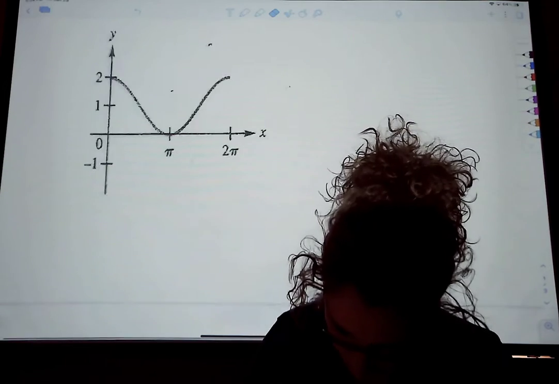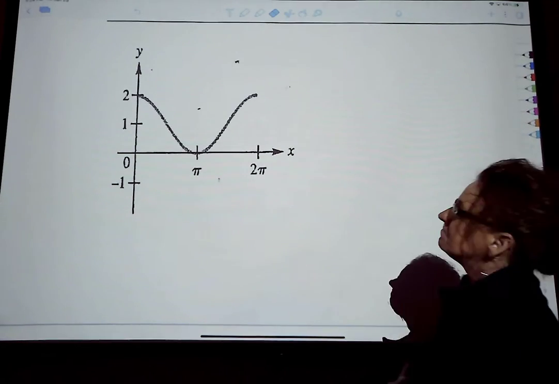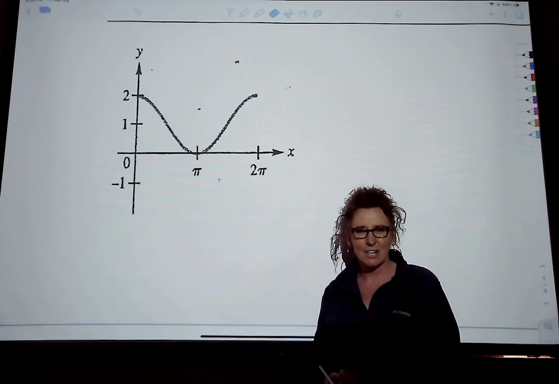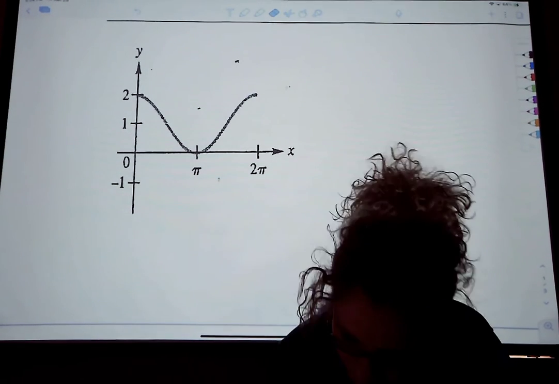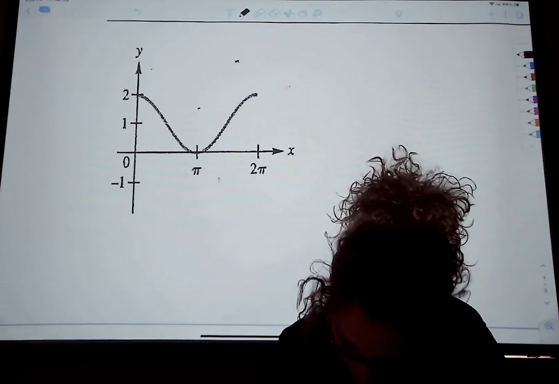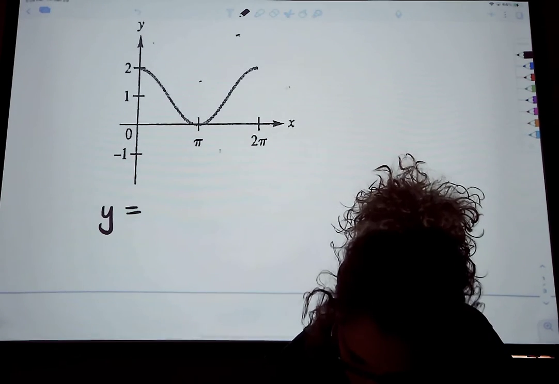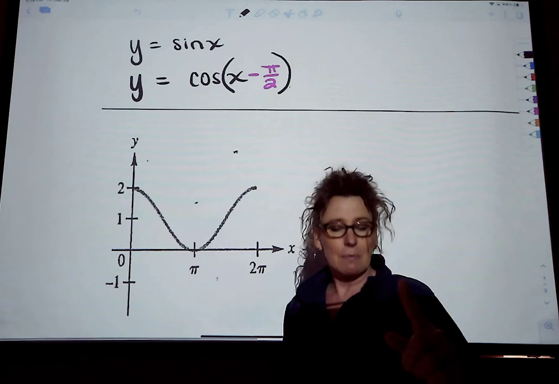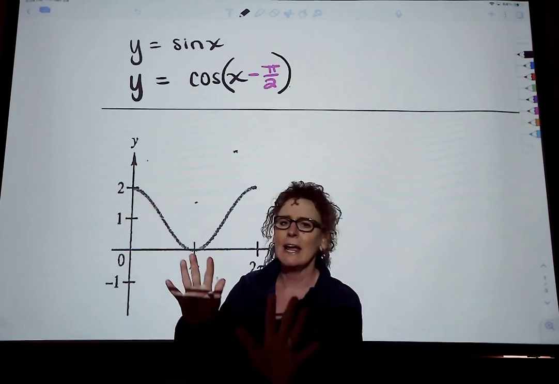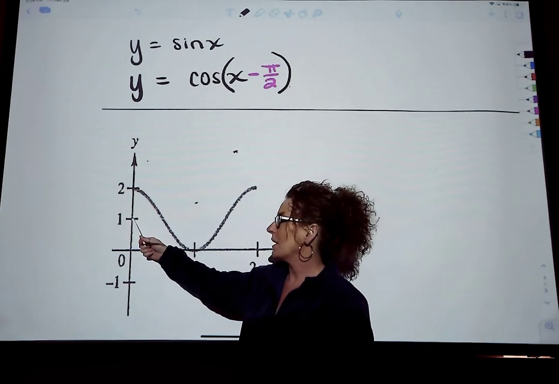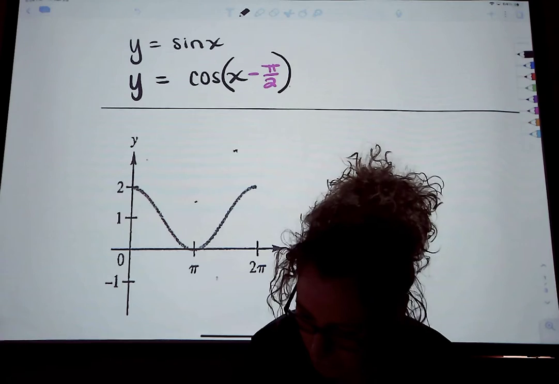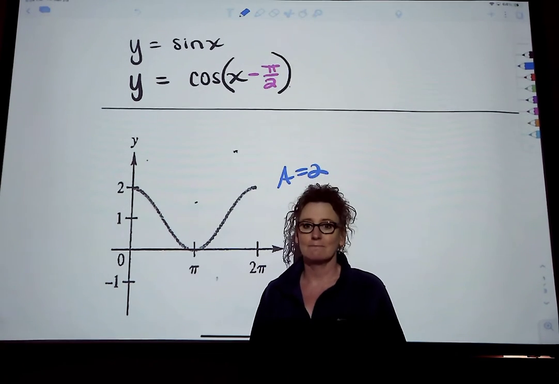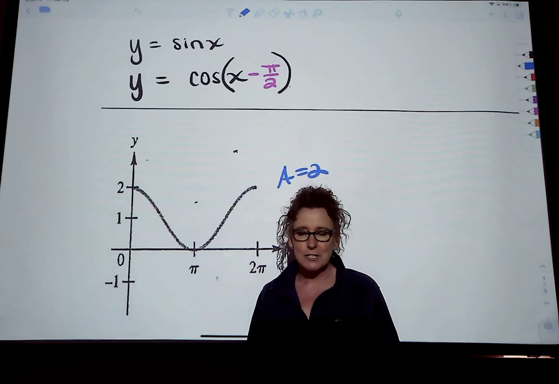Next one. What do you see? I see cosine. But I need both. Now, here's what happens. Some people are going to say, oh, but wait, cosine normally starts at 1. This must have an amplitude of 2. Wrong. Where's the middle?